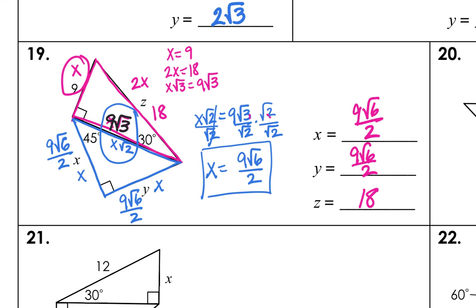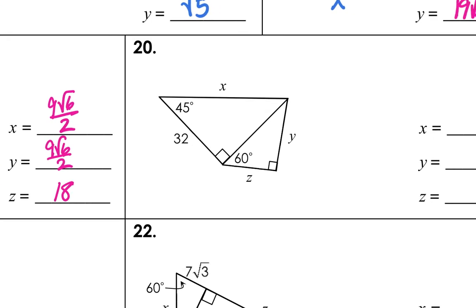So 3 times 2 is 6. The 9 is just out here without anybody to hang out with. But here, the square root of 2 times the square root of 2 is just 2. So now I've got 9 divided by 2, but I don't want it to be 4.5. I want it to stay a fraction, because decimals do not go in front of square roots.